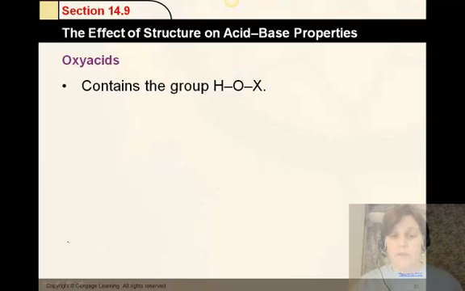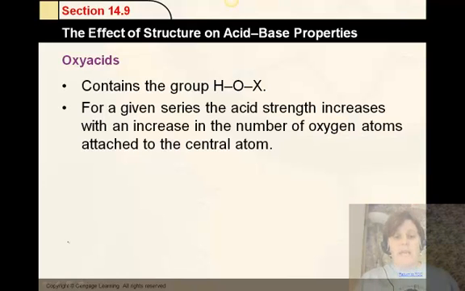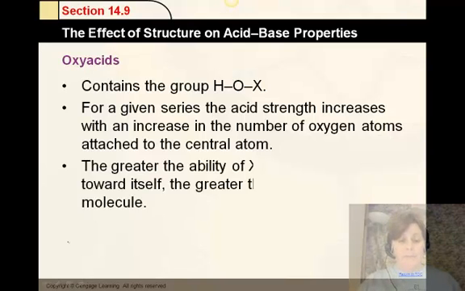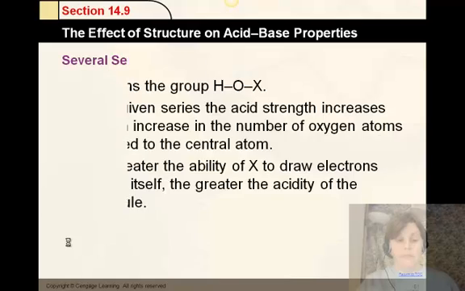It could be chlorine, fluorine, bromine, something else. For a given series, the acid strength increases with an increase in the number of oxygen atoms attached to the central atom. The greater the ability of X to draw electrons towards itself, the greater the acidity of the molecule. It's a little bit different than the binary ones.